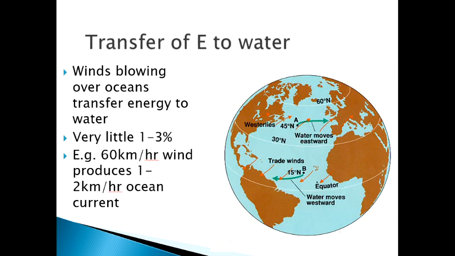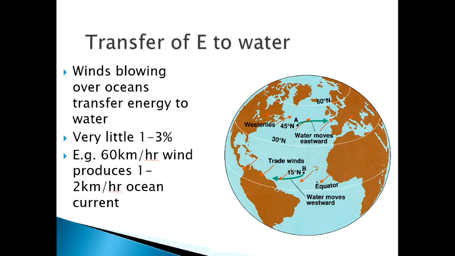The transfer of energy to water is accomplished by the winds blowing over the ocean. Remember, the oceans cover 3/4 of the planet, and the winds cover all of the planet. Them blowing over the oceans transfers energy to it. Just as if you blew on the top of a coffee cup, you can see you create ripples and motion in the coffee cup.